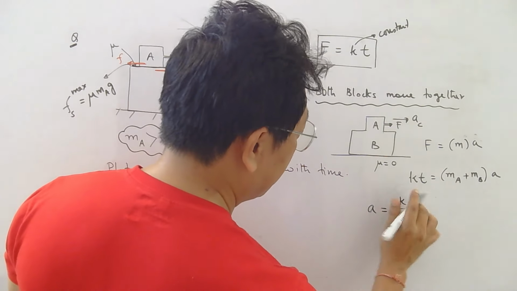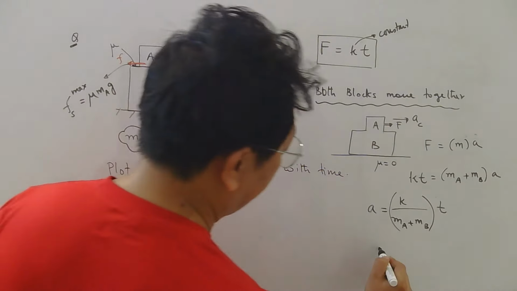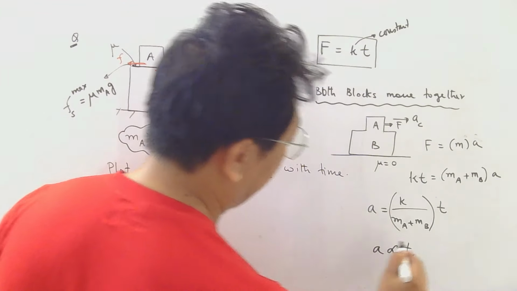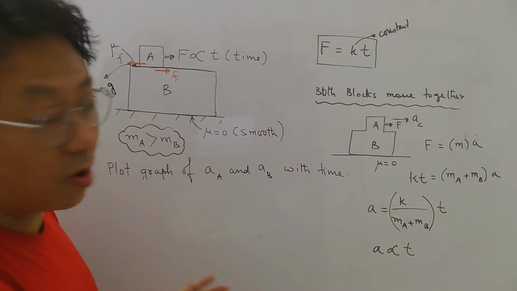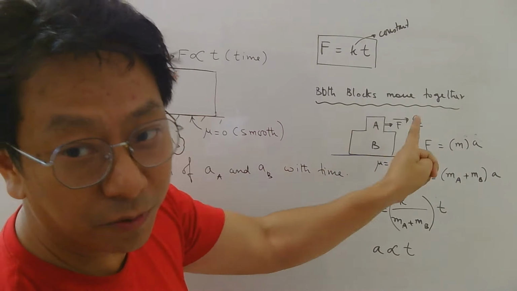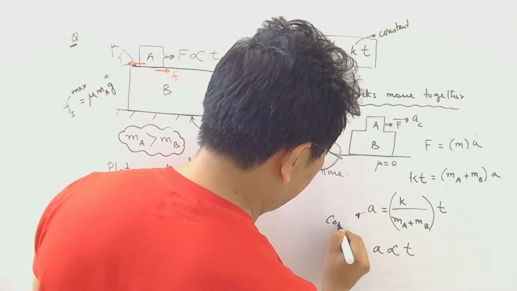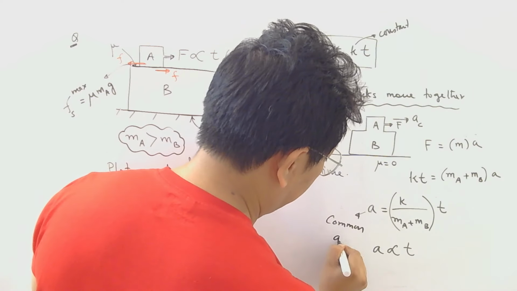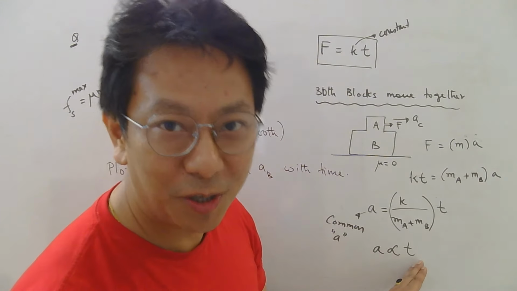You can see this thing here is constant, so I can write time here. That means acceleration is proportional to time. So the graph of acceleration of both the blocks. Why both the blocks? Because till here we have assumed they move together, right? So this is the common acceleration. So you can see acceleration here is directly proportional to time.